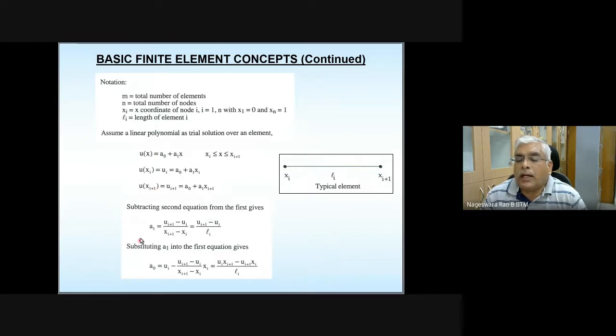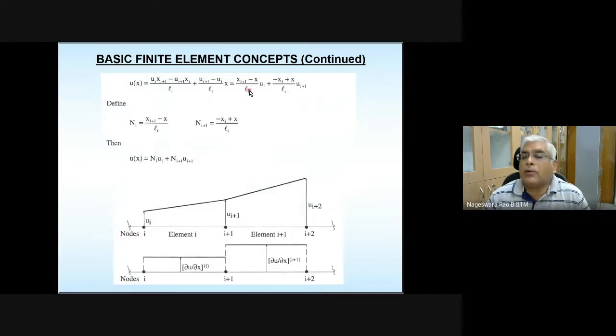Then group the terms having ui separately and ui plus 1 separately. Group the terms having ui's coefficient separately and ui plus 1 as separate. And if you do that separation and write it, this is how it looks.